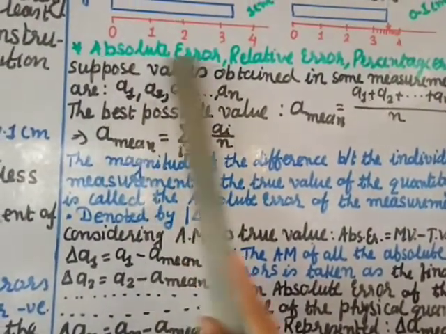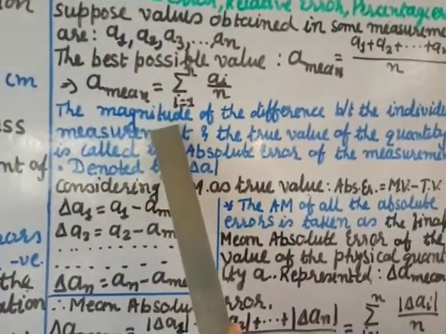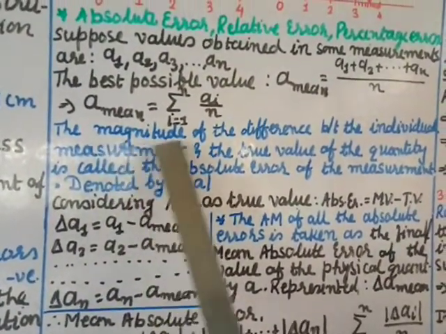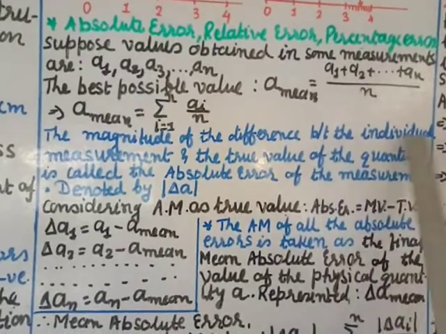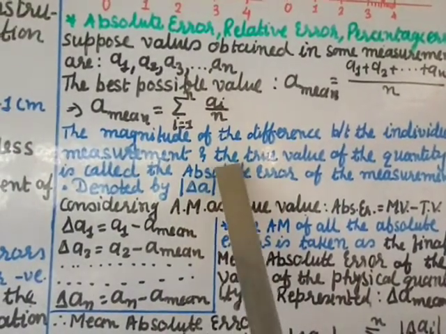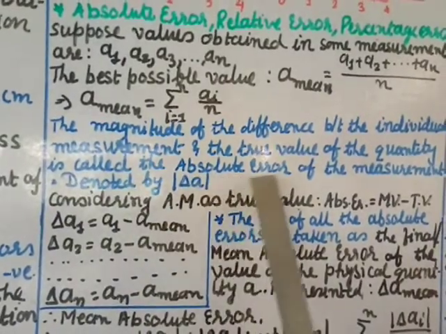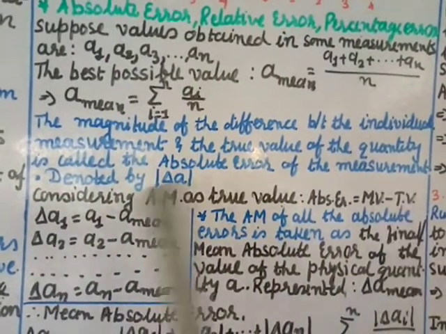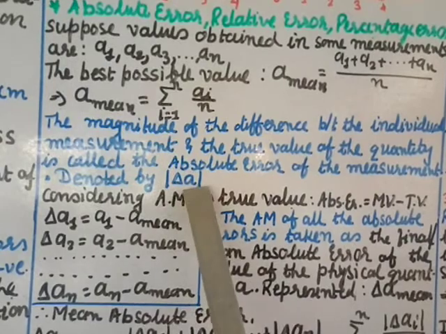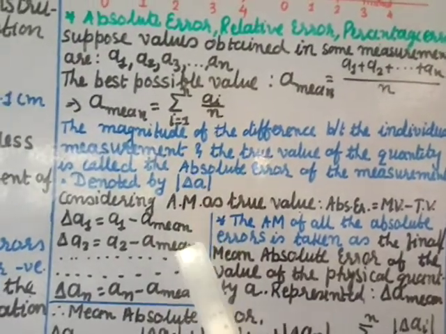Now I will define absolute error. The magnitude, that is the absolute value of the difference between the individual measurement and the true value of the quantity, is called the absolute error of the measurement, and it is denoted by modulus of delta A. I hope you understand this definition.